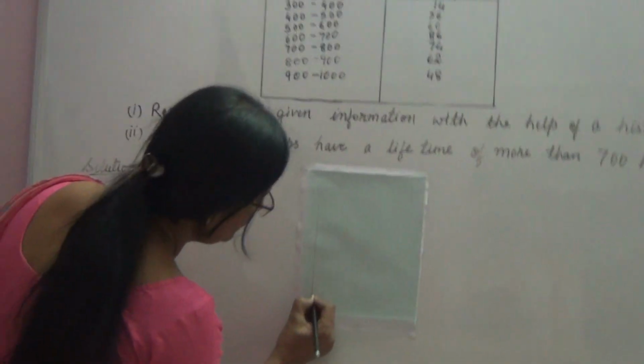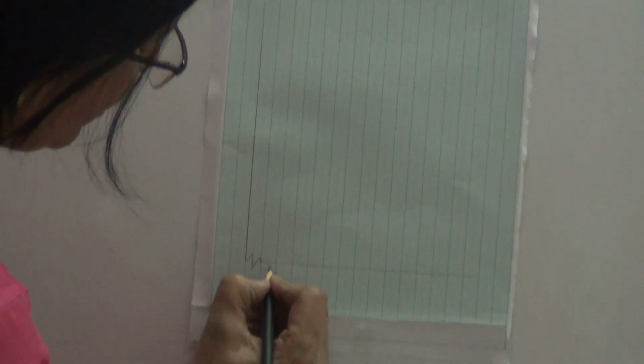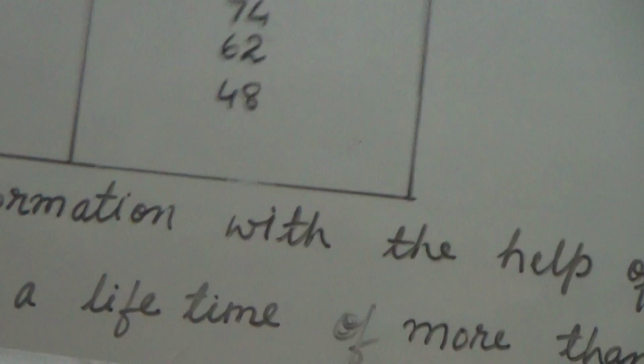So first of all we will draw a kink, and we will start by marking 300, 400, 500, 600, 700, 800, 900 and 1000. This is sufficient. Let us mark the axis. This point is obviously O or 0.